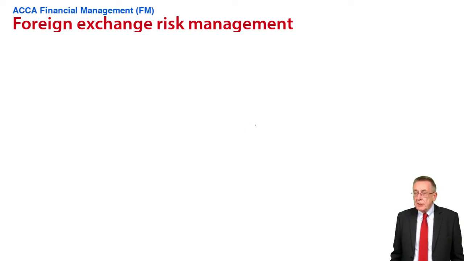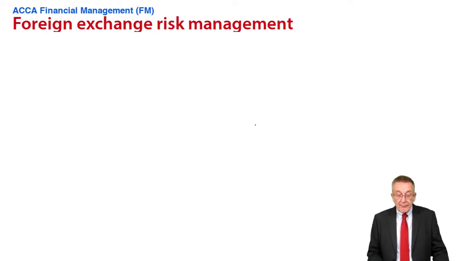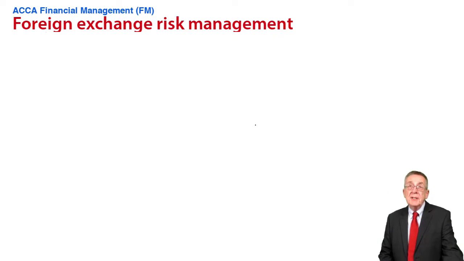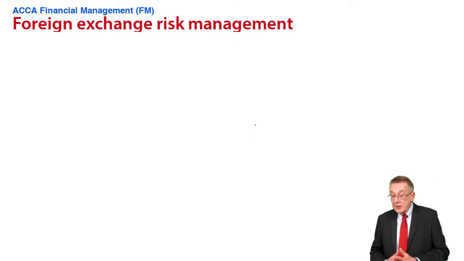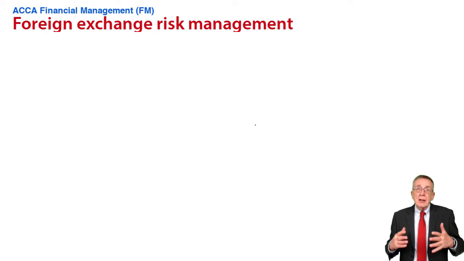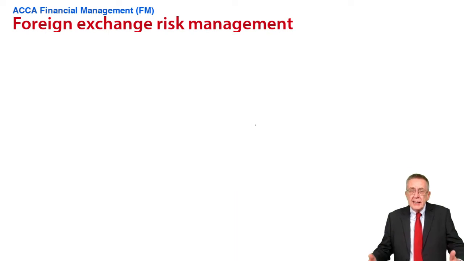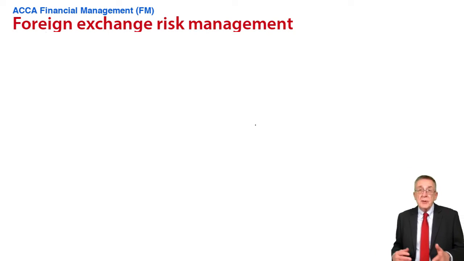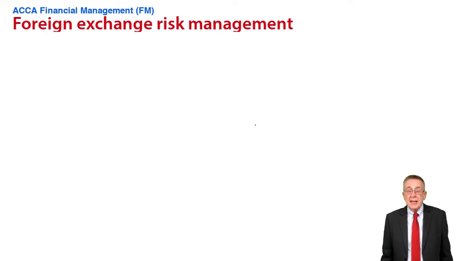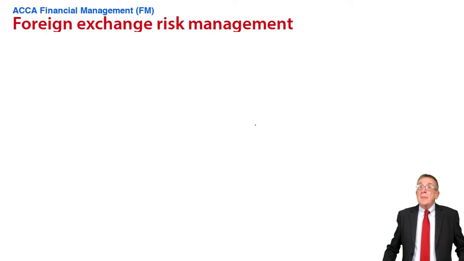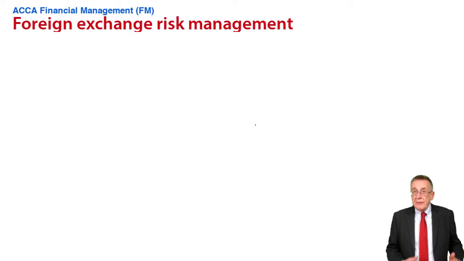All right, we're now getting on to risk management proper. And the first part of risk management is foreign exchange risk management, where what's involved here is that if we are trading abroad, if we're buying goods from another country, or for that matter, if we're selling goods to another country, then there are risks involved.